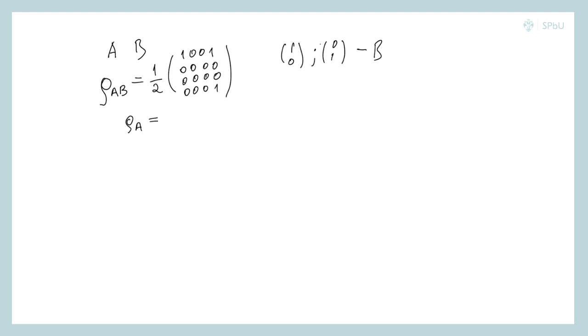Now, rho A, by definition, equals the partial trace over the subsystem B of the entire density matrix rho AB.